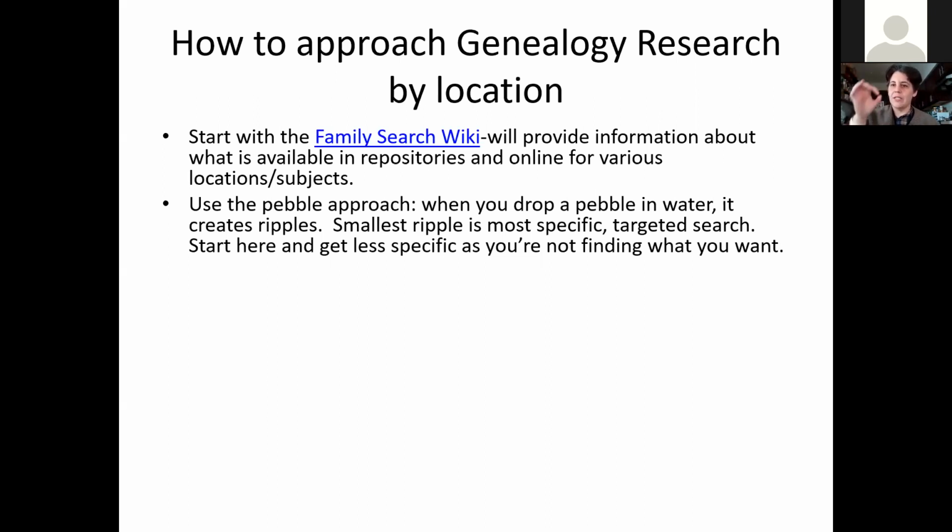And closest to where the pebble drops, you've got a small tight ripple, and then the shock waves that come out from that pebble drop, the ripples get bigger and bigger and bigger. So I use this approach in searching sites like Ancestry or FamilySearch, because if I start broad and unspecific, I get a lot of noise in my search result.